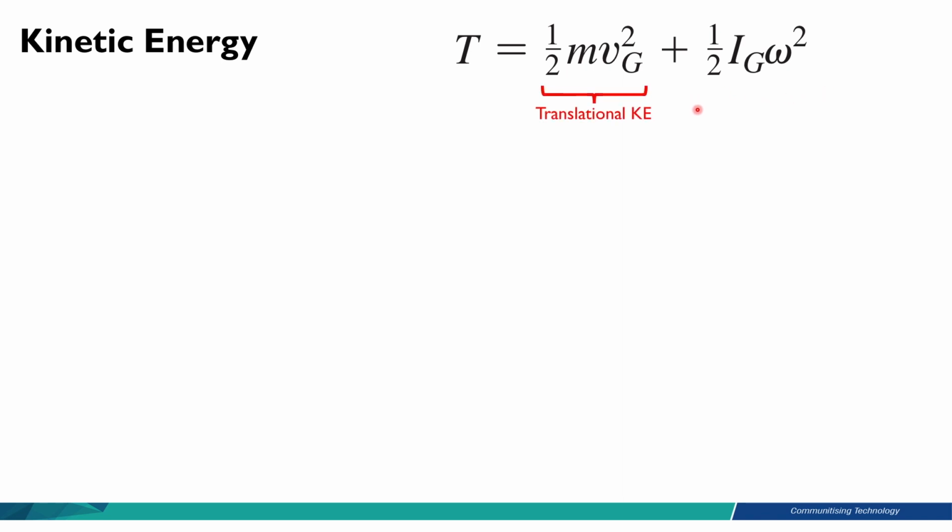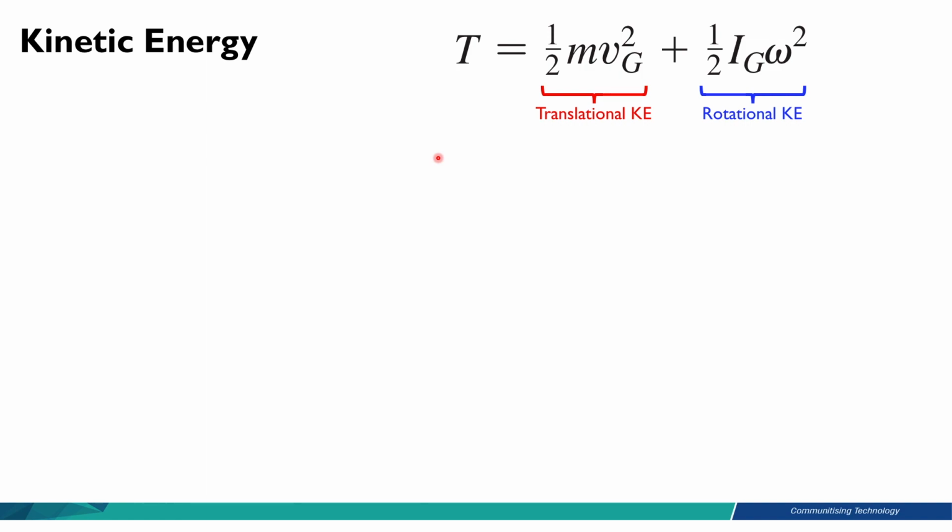So the first term basically represents the translational kinetic energy. The second term represents the rotational kinetic energy. And remember the type of motion a rigid body can undergo.